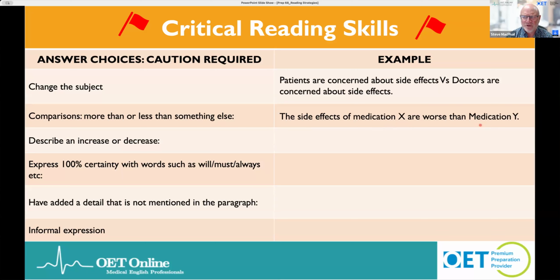They're really looking for you to understand more complex or abstract thoughts, and this is quite concrete. So if I see comparisons, I'm cautious. It doesn't mean it's wrong, but I'm alert to this. Maybe it's a trap.